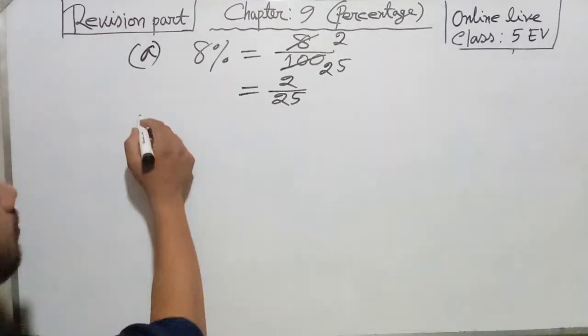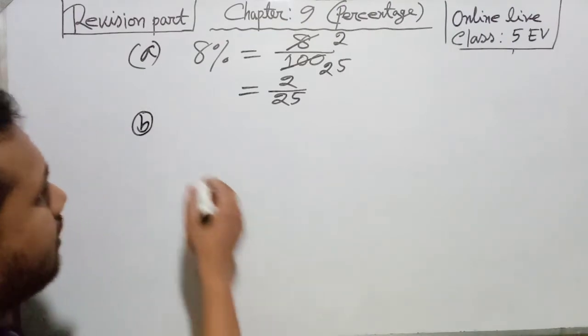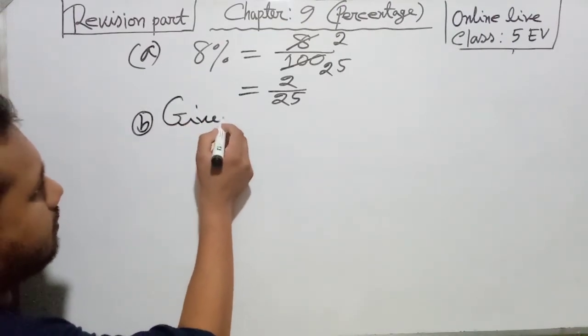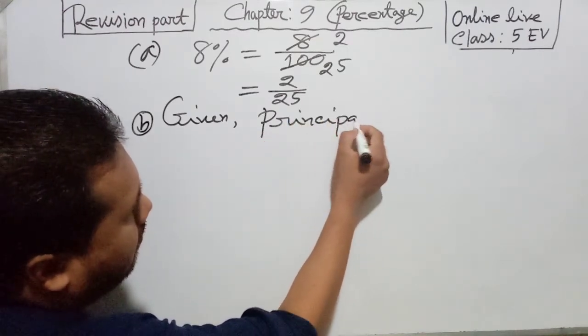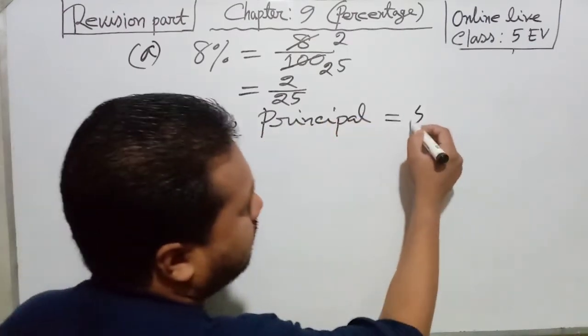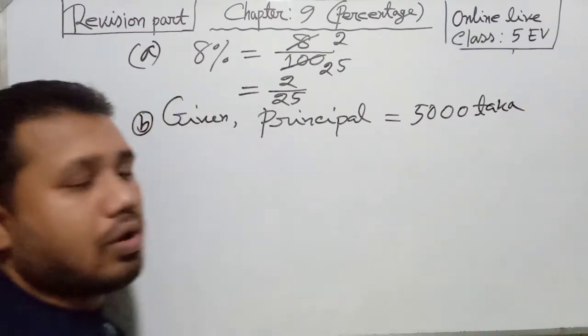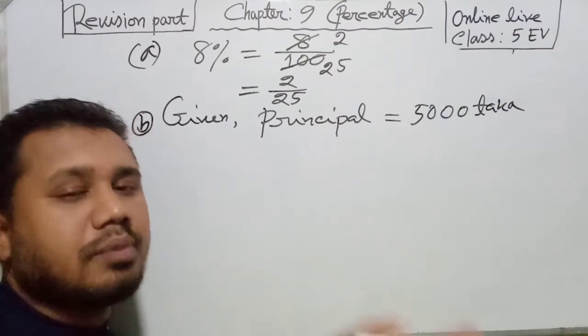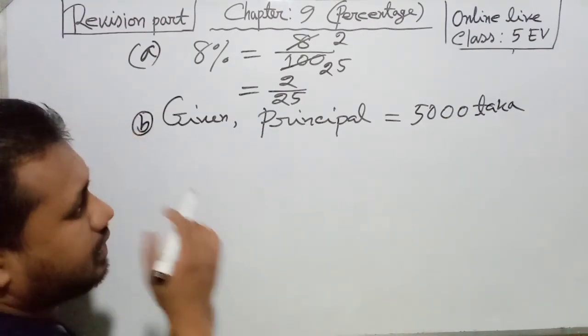Now B number, we have to find the interest for 2 years. So at first write our given part. Given: principal equals 5,000 taka. And we know what the principal is, borrowed or invested money. So this was our borrowed money for Mr. Jamal.